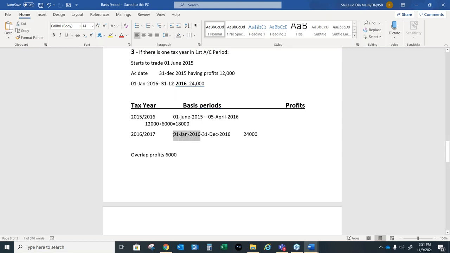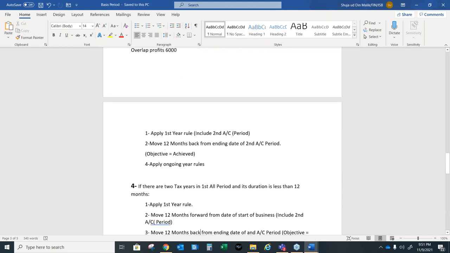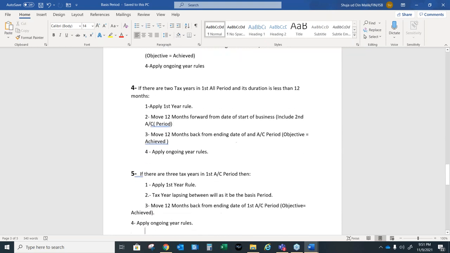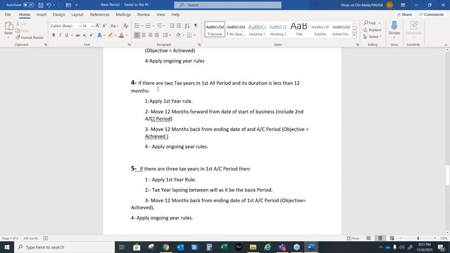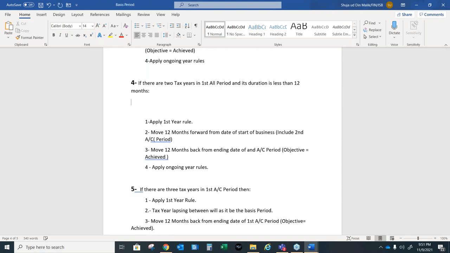Other than that, there are no months being taxed already in 2015 and 16. Per month profit is 2,000. So when we multiply 2,000 with 3 months, it will be 6,000. I hope now it's clear for you. There are only 3 months. 2,000 is the profit for every month.